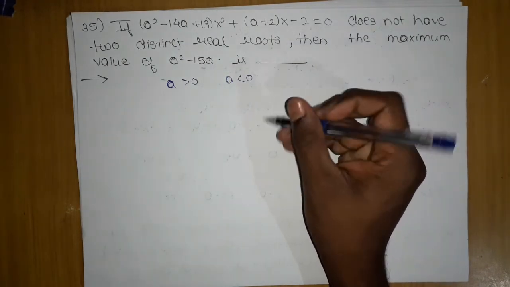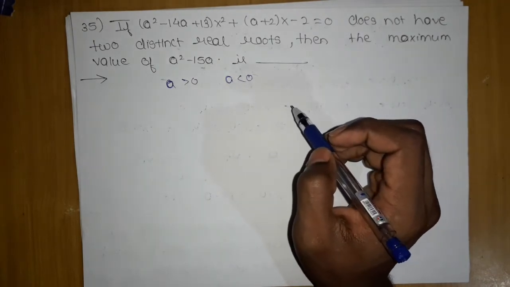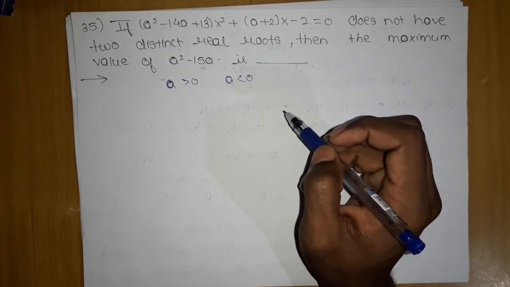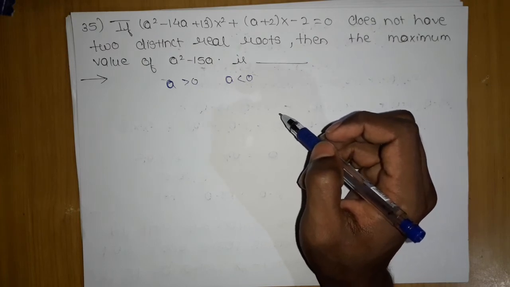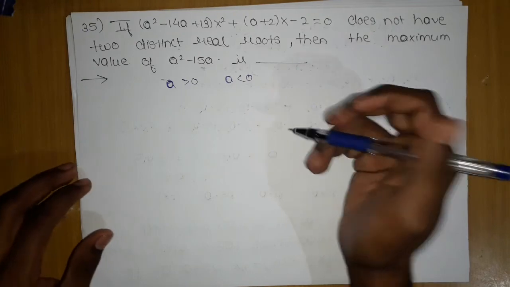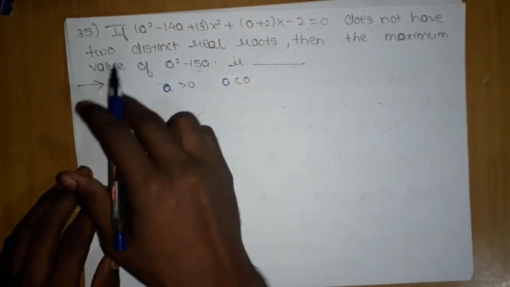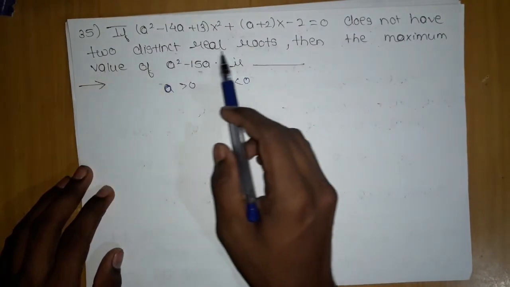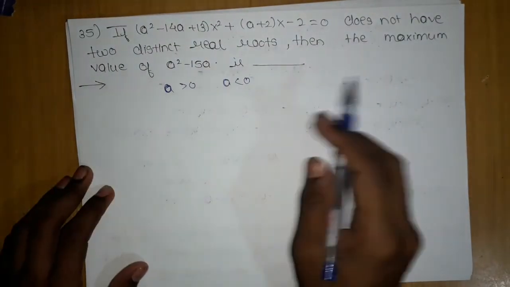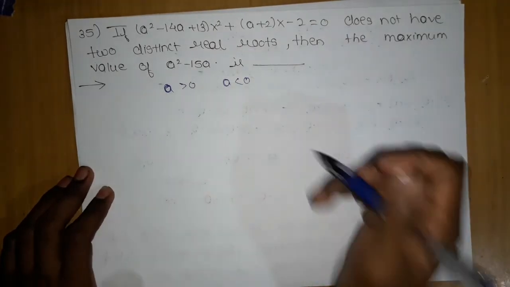Those teachers who tell you to divide by a and create a positive parabola always, it will just add to the trouble of your question rather than solving it. So just think by graph. When can such things occur, that it should not have two distinct real solutions, although it can have one real solution.